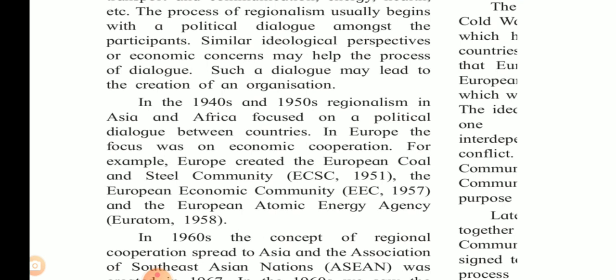In Europe, the focus was on economic cooperation.